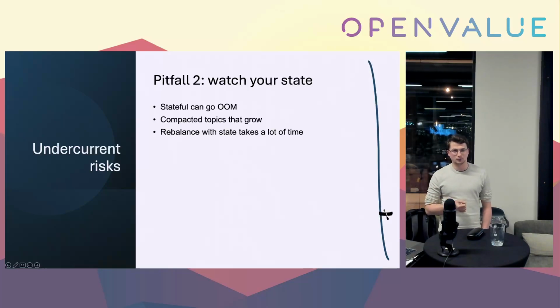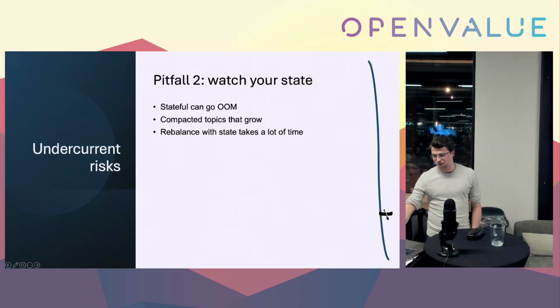So that can be a problem. And then also your application can go out of memory, which will make it crash, of course. And the last thing is that a rebalance, so that is when you get new partitions for certain applications, will take more time if your state is bigger. So those are all things with state in Kafka Streams that you need to be careful of.